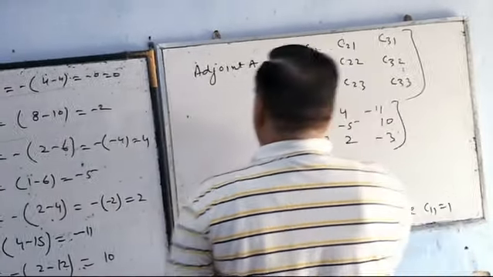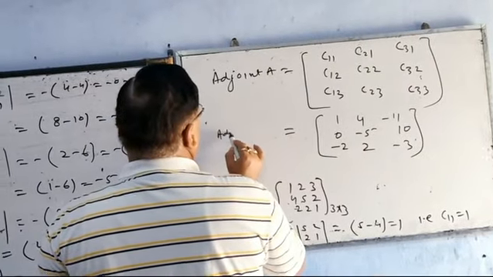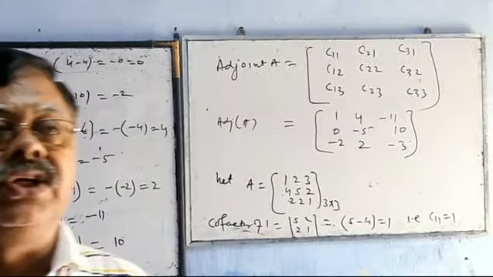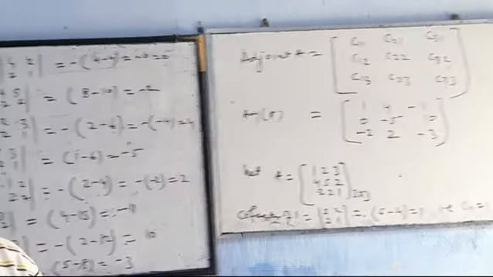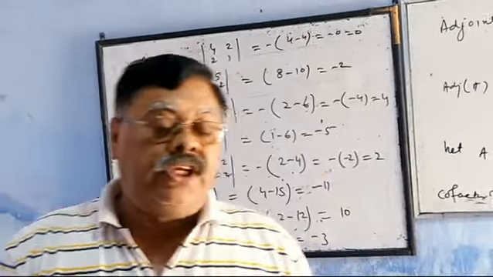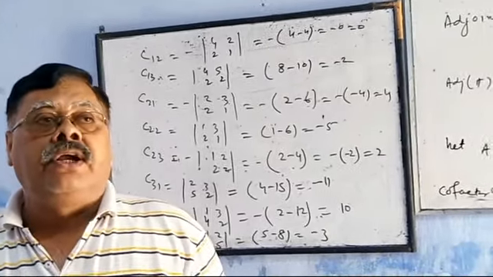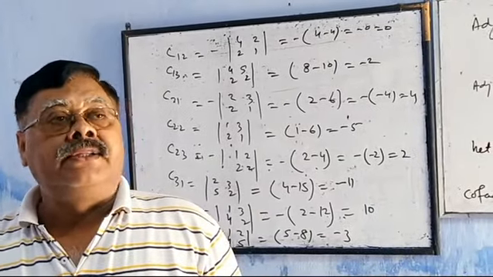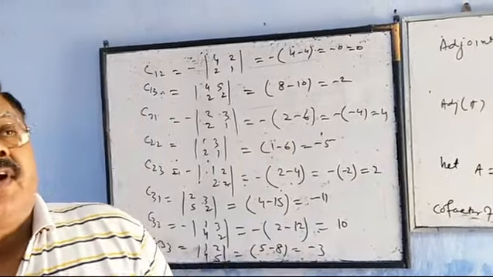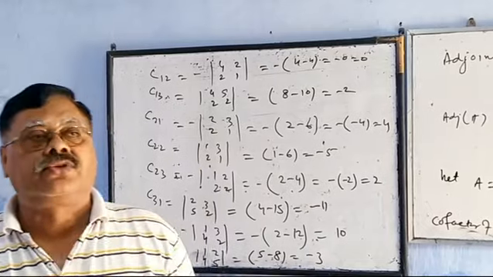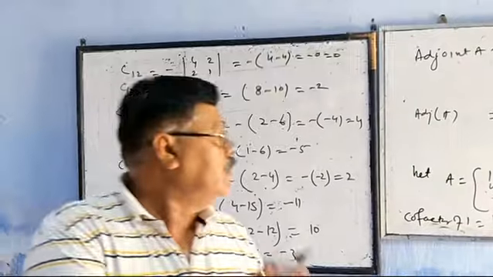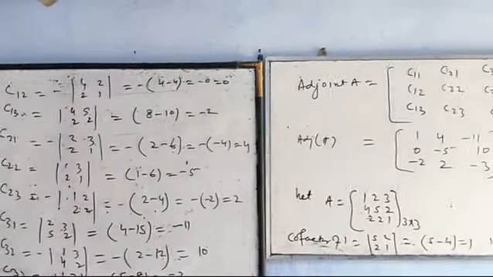So this is the adjoint of A. This is the way to find the adjoint of a matrix: we find the cofactors, then arrange them so that the first row becomes the first column, the second row the second column, and the third row the third column.